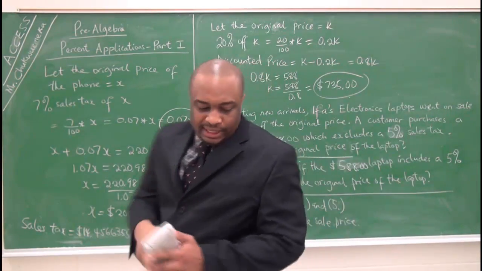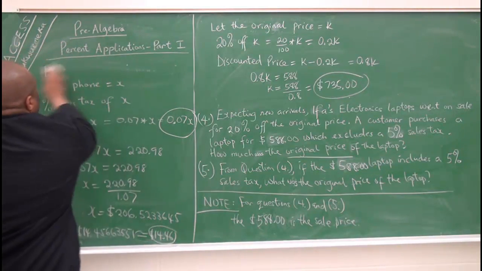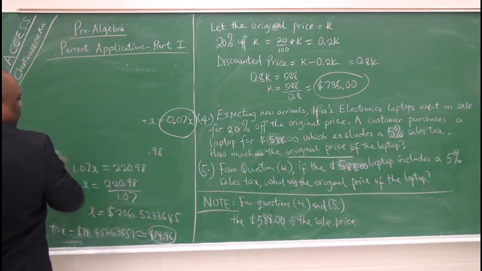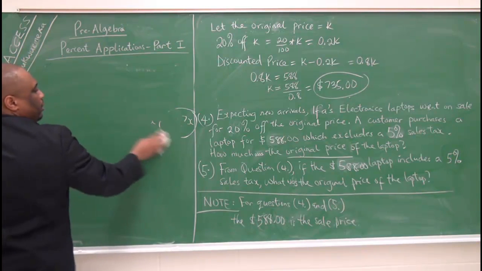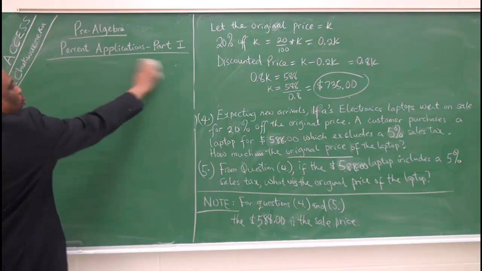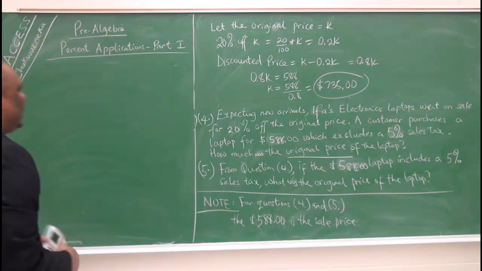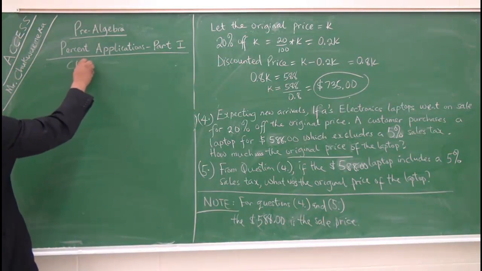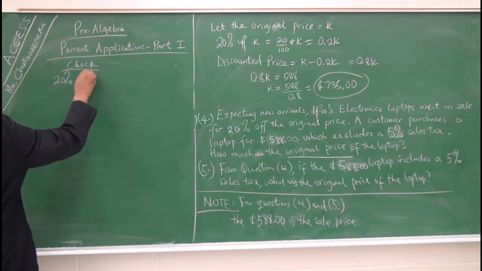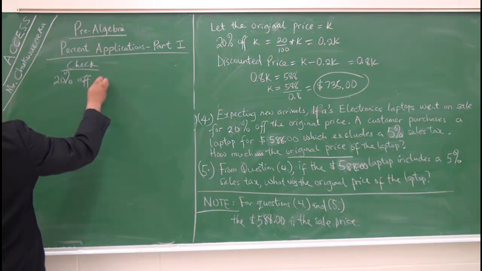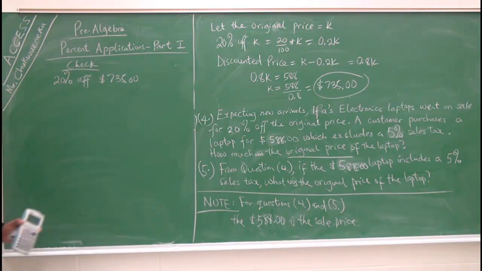And you can actually check to see whether you got the original price correct. We can do 20% off $735 first.